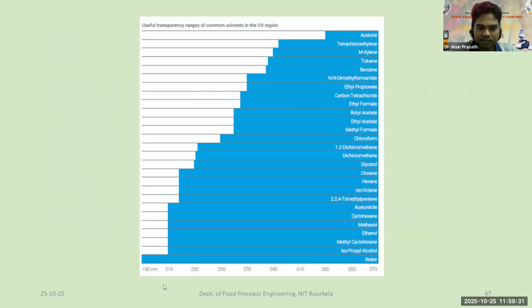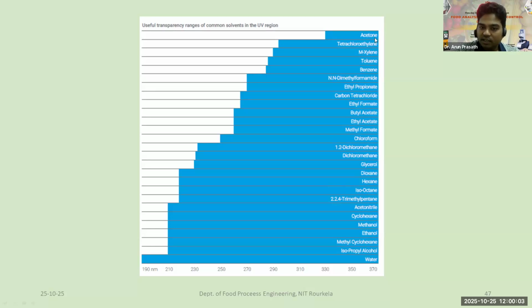You can see this particular chart which shows the transparency range of solvents in the UV region. Water has the highest transparency, 100% transmittance, and next to water we have isopropyl alcohol, methyl cyclohexane, ethanol, and methanol. All of these can be used, and in most cases you can even go for hexane and acetone.